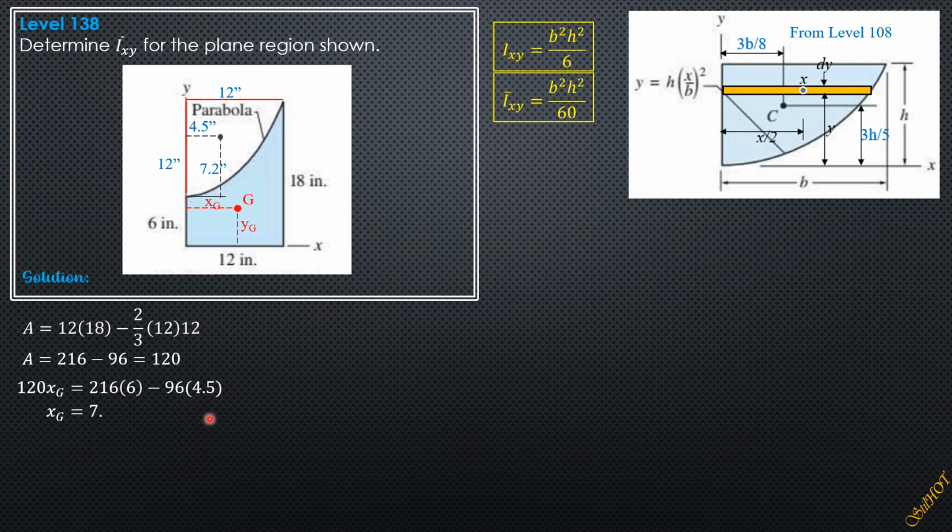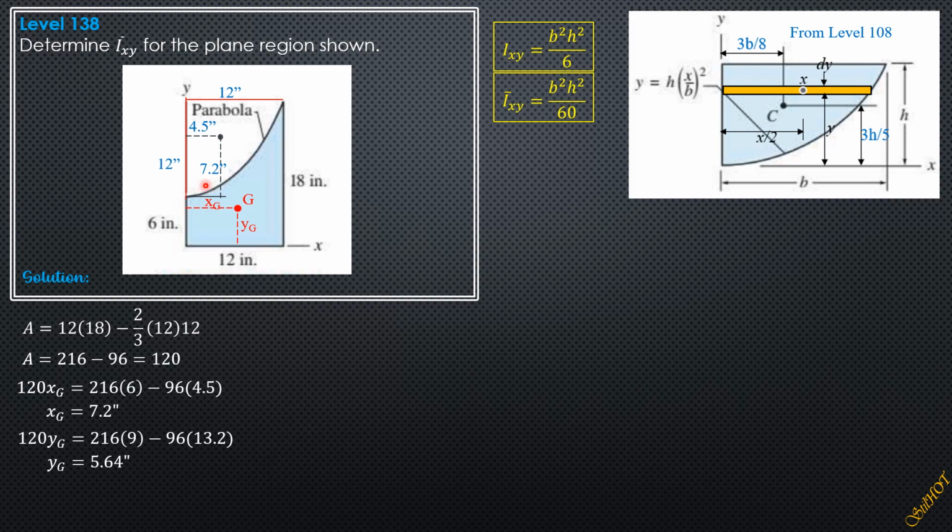So xg equals 7.2 inches. 120 times yg equals 216 times 9 for the rectangle, half of 18 is 9. Then for the parabola, minus 96 times, as I said, 6 plus 7.2, so 13.2 inches. So yg therefore is 5.64 inches.